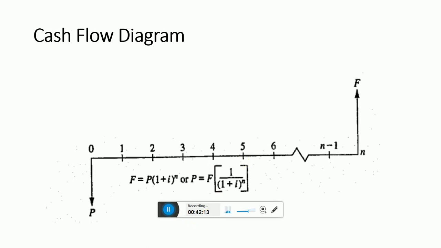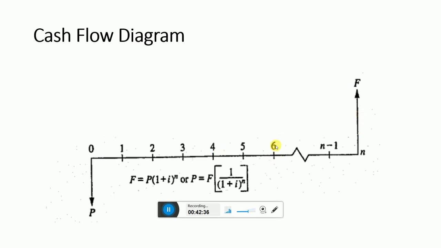Cash flow diagrams are drawings where the horizontal line represents time, whereas the vertical arrows represent the cash flows at a specific time.